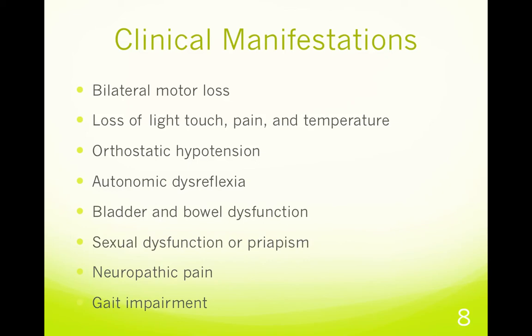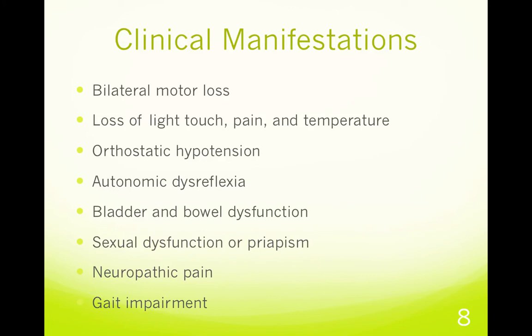So when someone is experiencing ischemia to these areas of the spinal cord, they will experience bilateral motor loss and loss of light touch, pain, and temperature. They will, however, have preserved proprioception, vibration, and deep touch because those are located in the posterior column.